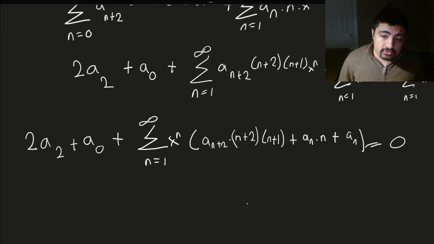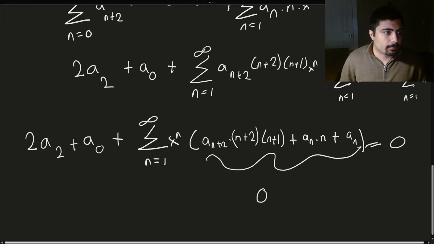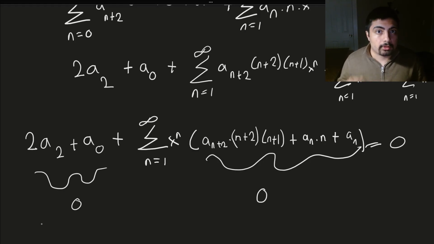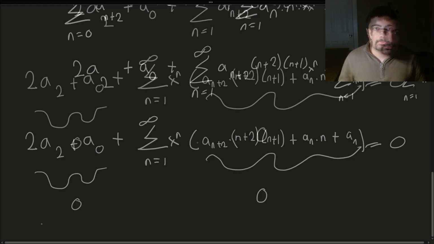So the first statement we can draw is that this whole chunk will be equal to 0. And the second statement is this chunk will be equal to 0. These two chunks will help us build our recurrence relationship, and based on that relationship, we're going to write the first few terms of the series.